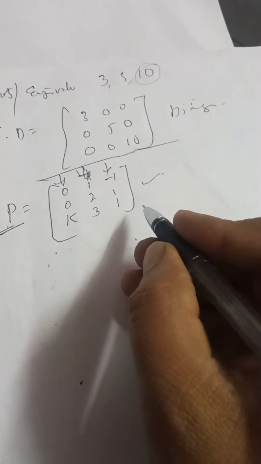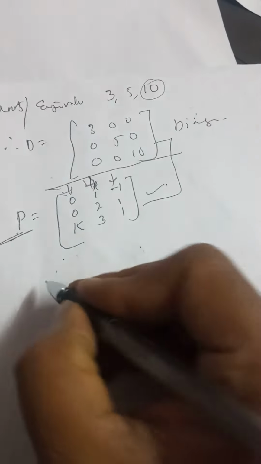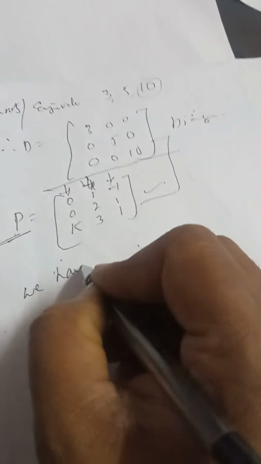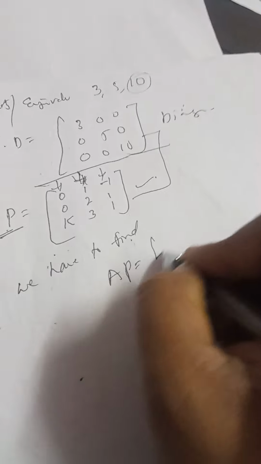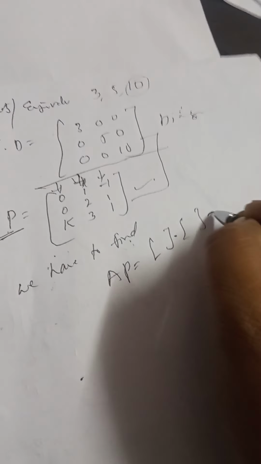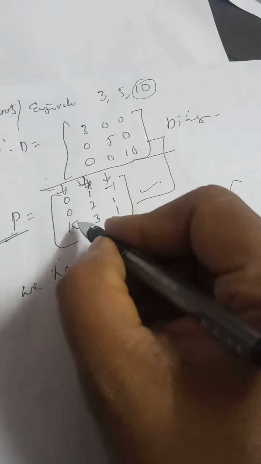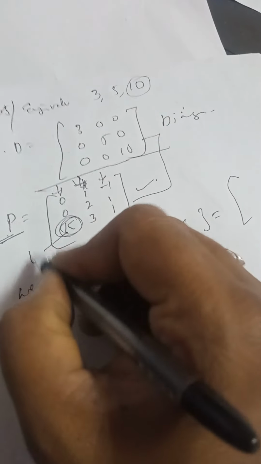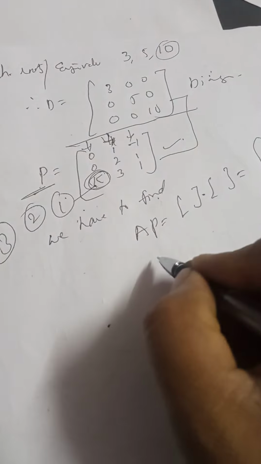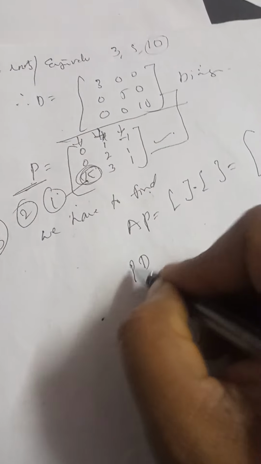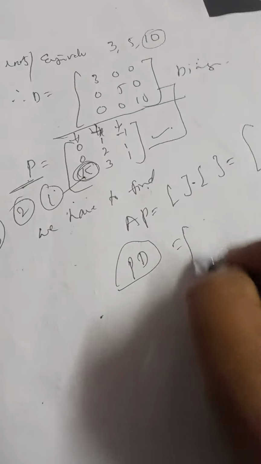Okay. Then after writing these two, we have to find A into P. We know the A matrix, we know the P matrix. Multiply those two, you will get something. Sir, k is there, what happened? You can take k is equal to 1 or k is equal to 2 or k is equal to 3, your wish. Next we can find P into D. We know the P matrix, we know the D matrix.